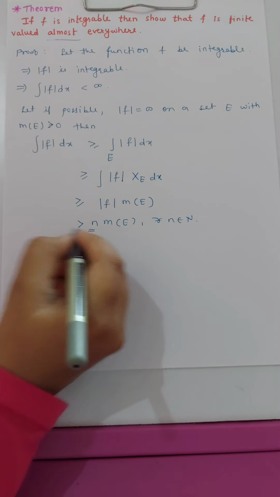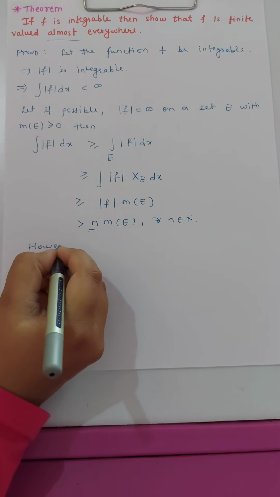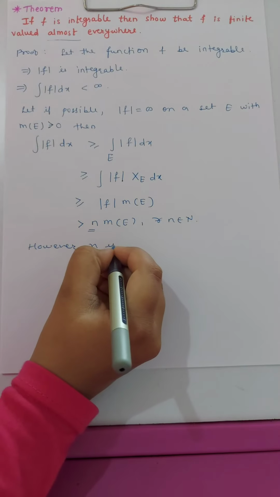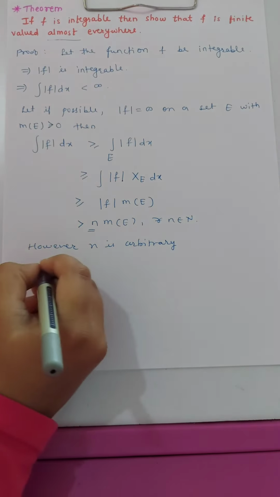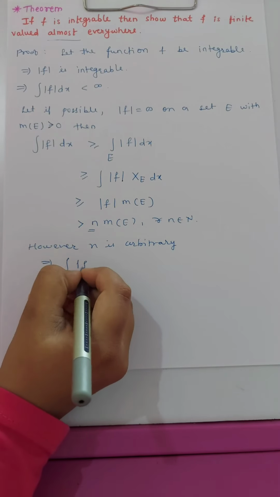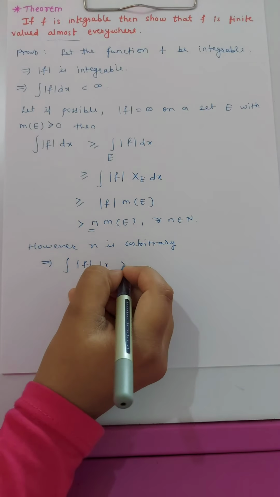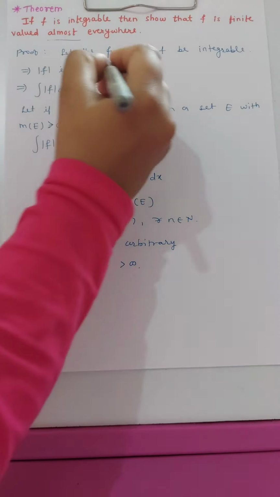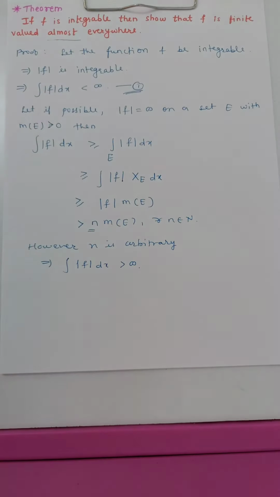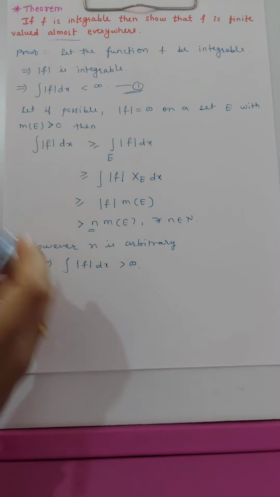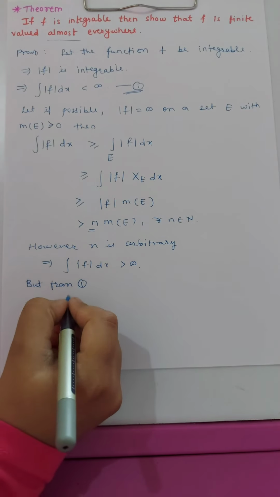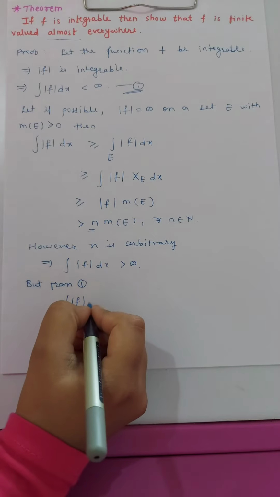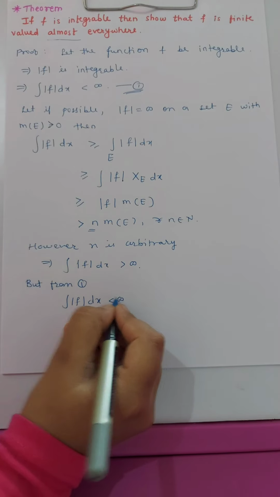Now however this n is arbitrary, so this implies that the integration of mod of f dx is greater than infinity. But let this be number 1. So but from 1 we have the integration of mod of f dx is less than infinity.